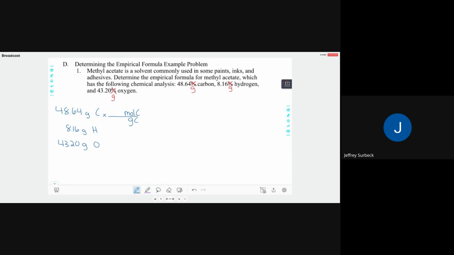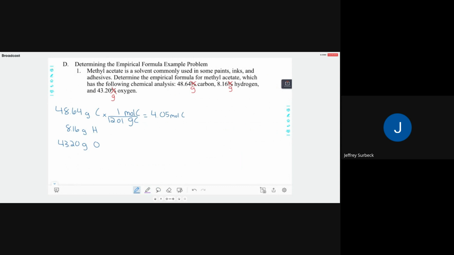On the periodic table, carbon has a molar mass of 12.01 grams to 1 mole. So 48.64 divided by 12.01, to 2 decimals, gives 4.05 moles carbon.